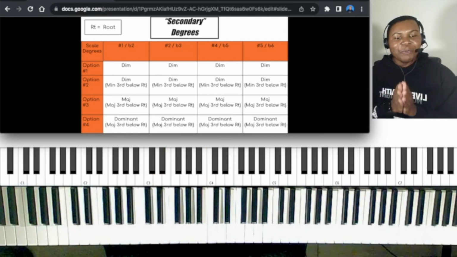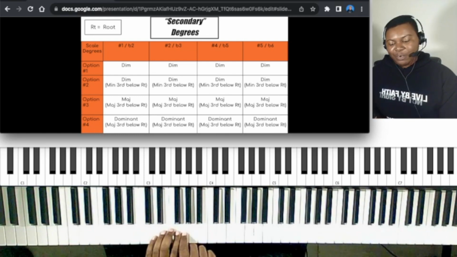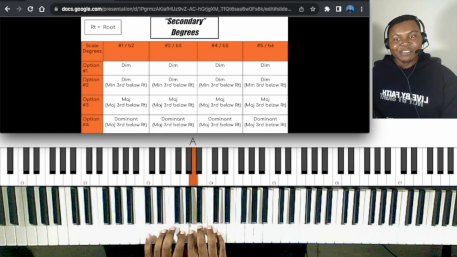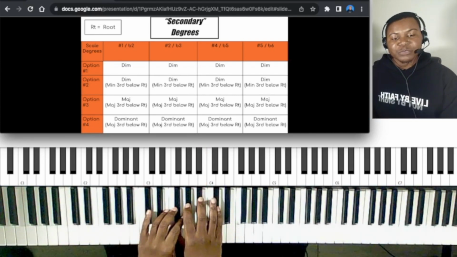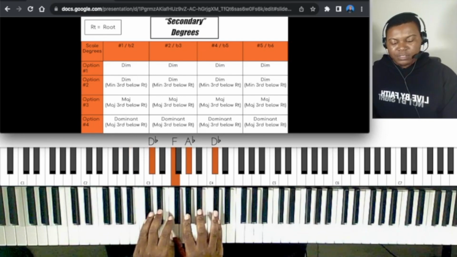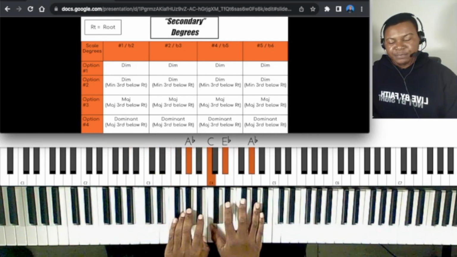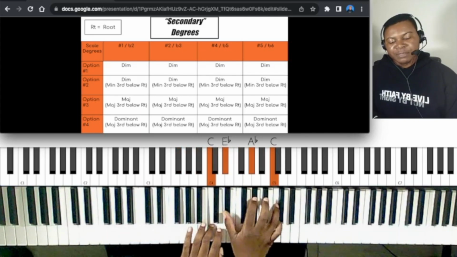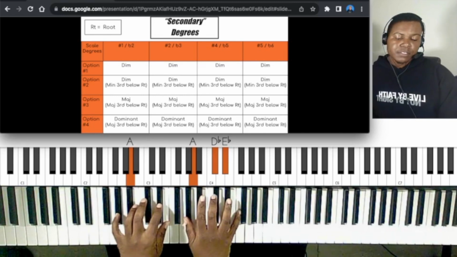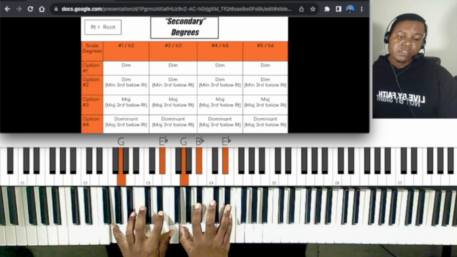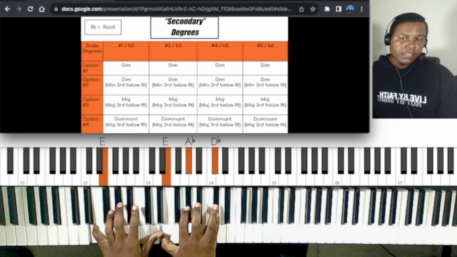So again, the whole point of this video is to talk about all the different options we can do over what I call secondary degrees. And I think this is a huge key to improv. It's one thing to know all of your chords that belong to the key, all the diatonic chords, but it's something about unlocking these other places in our key that opens up your ear, opens up your playing.